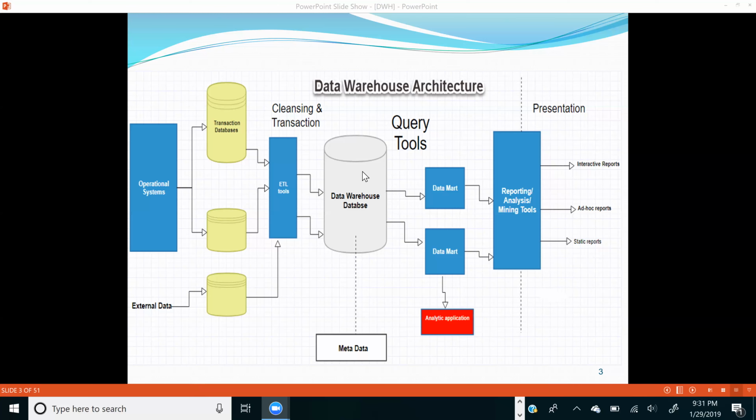For that reason, they have come up with data marts. So what is a data mart? A data mart is a subset of data warehouse data which stores data related to a specific subject. Here it stores customer information, here it stores product information, in another one it stores information related to geography and so on.